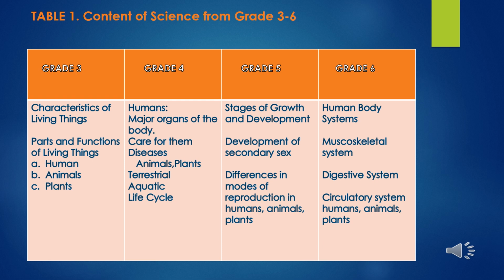In grade 5, stages of growth and development, development of secondary sex characteristics, differences in modes of reproduction in humans, animals, plants. In grade 6, the topics are human body systems, musculoskeletal system, digestive system, circulatory system of humans, animals, and plants. As you observe, as the grade level gets higher, the level of complexity of the topic increases, but it is still connected and integrated to each other.